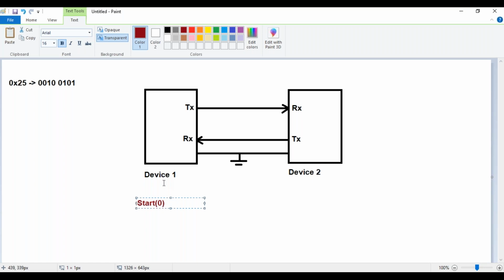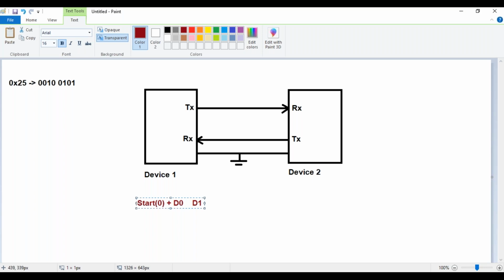Once device 2 receives it, it pays attention to the data it has to receive. It wakes up and pays attention to the next data it is going to collect. Now that device 1 has triggered device 2, it can start transmitting the data. It transmits from the D0 bit, the least significant bit.